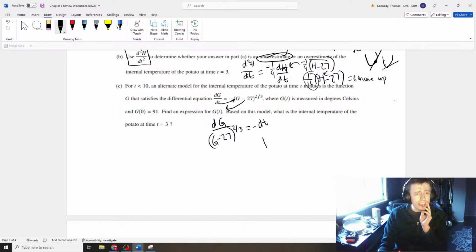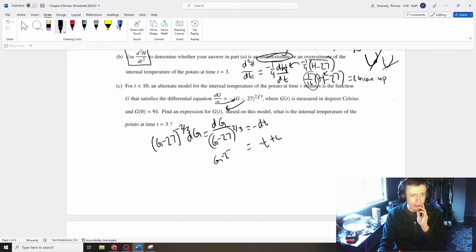The right side's an easy integral: negative t plus c. But the left side's kind of a pain, so we have to flip it up and handle it correctly, taking the positive power on the bottom and making it a negative power on top. Now I can raise the power by 1 and divide by the new power.